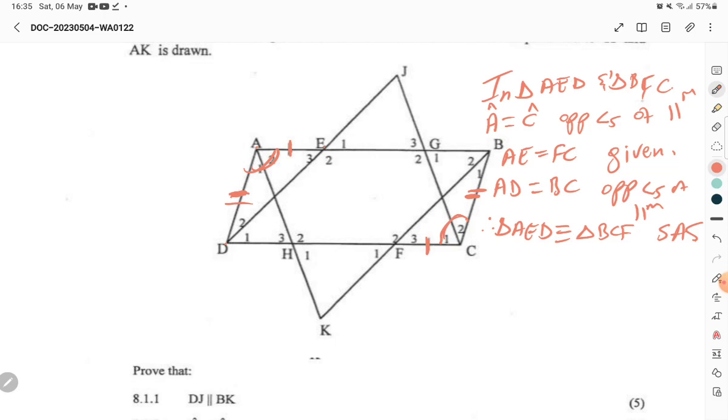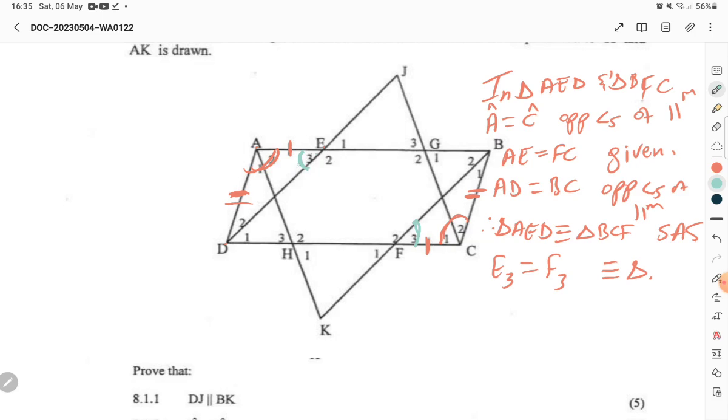So if that is the case, then we can tell that E3 is equal to F3, because this is from congruent triangles. So this now is going to be equal to this one, because these two angles are facing equal sides.